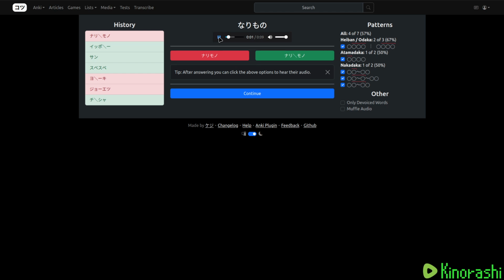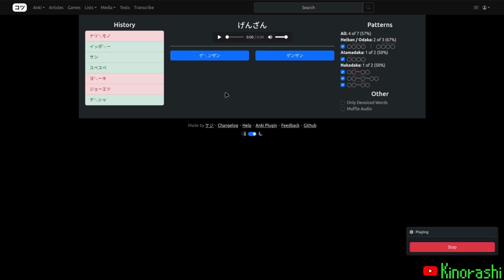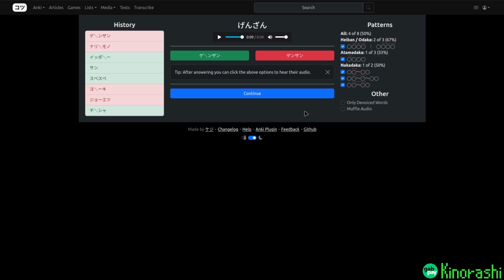Narimono. 銀山 Ginzan. Okay, so that was an atamadaka.